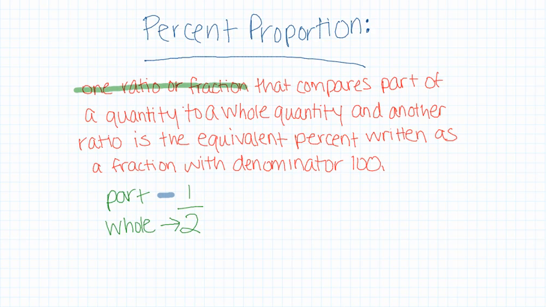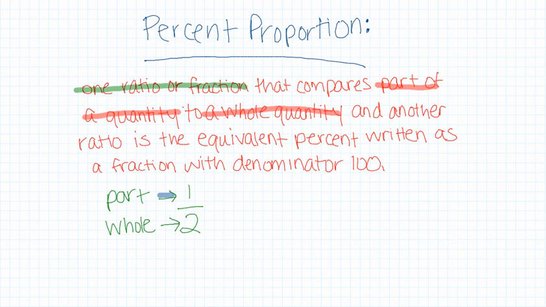Okay. So, for example, you've eaten one piece of the 2 pieces of pie. So you've eaten 1/2. You've eaten one part out of the whole. So that takes care of the part of a quantity. And then the 2 takes care of a whole quantity.